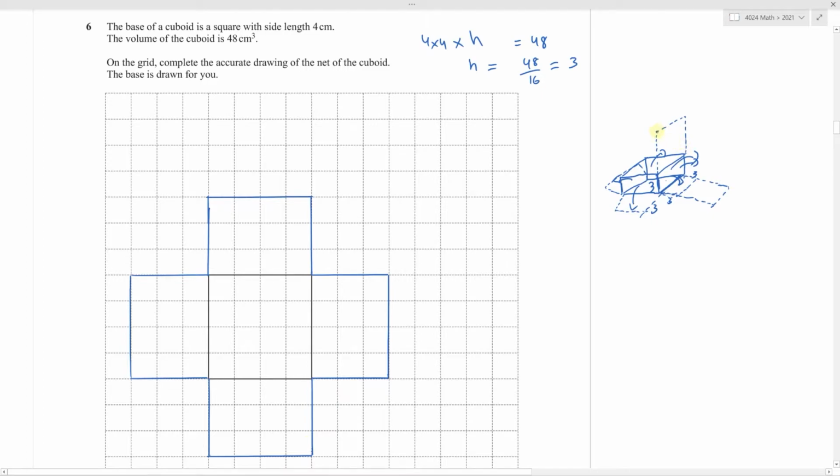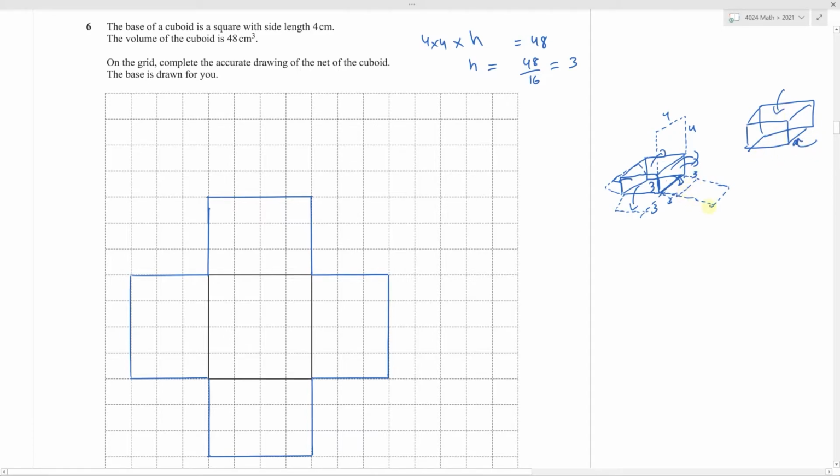And then I also have this top. So I opened it this way because I have more space on this right side. So what are the dimensions of the top? The dimensions of the top is the same as the base, 4 by 4, because when you have a cuboid like this, the top here and the bottom here have the same dimension.